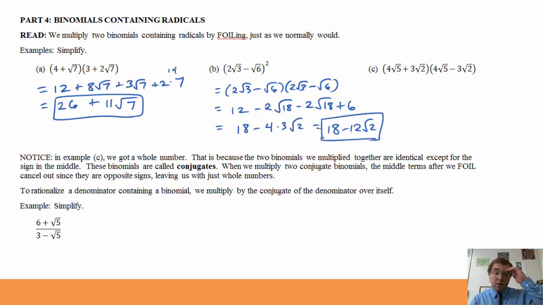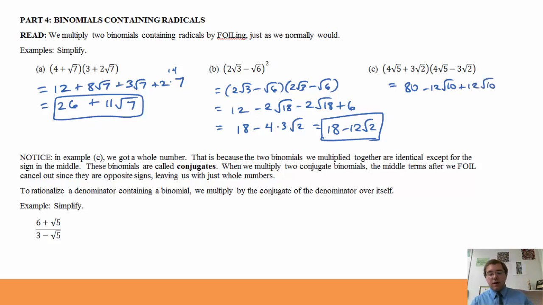Example C, 4 radical 5 plus 3 radical 2 times 4 radical 5 minus 3 radical 2. We FOIL. 4 radical 5 times 4 radical 5 becomes 16 times 5. 16 times 5 is 80. Then I've got 4 radical 5 times negative 3 radical 2 becomes negative 12 radical 10. I've got 3 radical 2 times 4 radical 5, which becomes positive 12 radical 10.